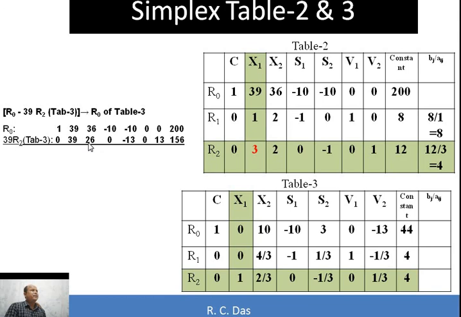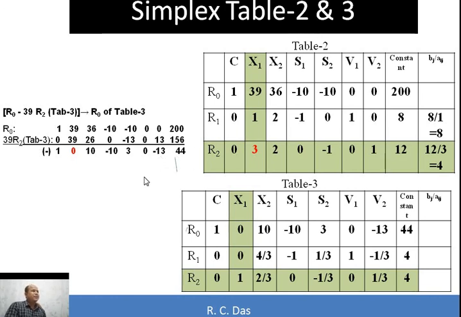So 39 multiplied by 2 by 3 is equal to 26. 0, 39 multiplied by minus 1 by 3 will be minus 13. 0, 39 multiplied by 1 by 3 is 13. So 4 multiplied by 39 is 156. Subtracting it, we'll get 1, 0, 10, minus 10, 3, 0, 13, 44.